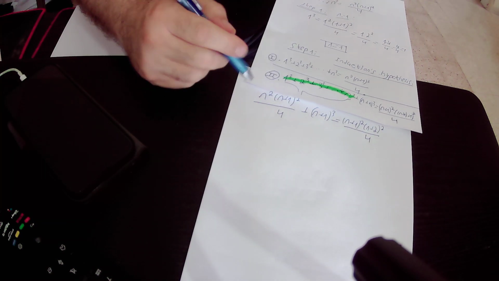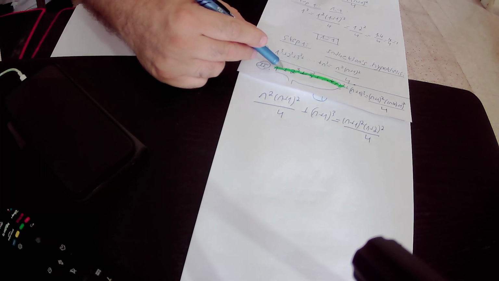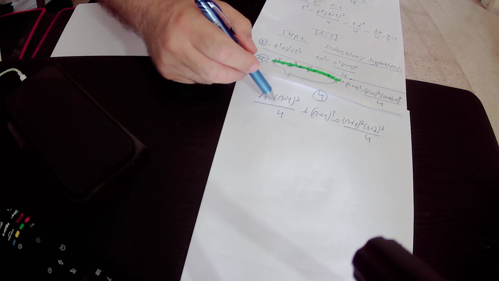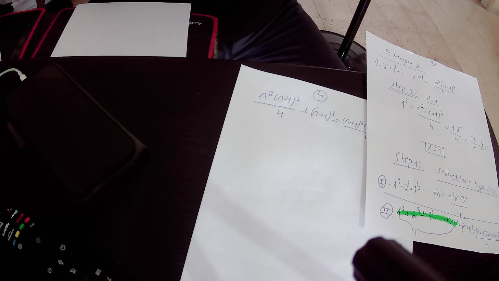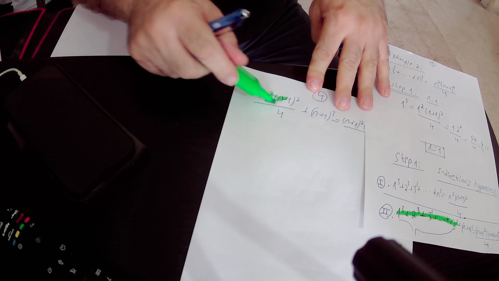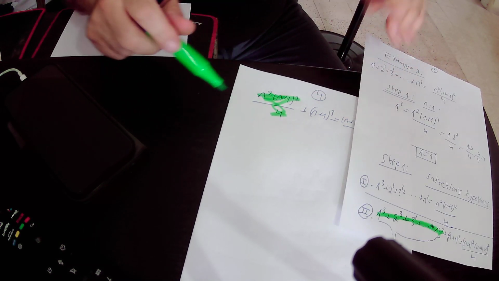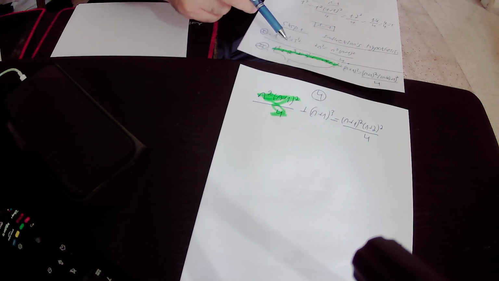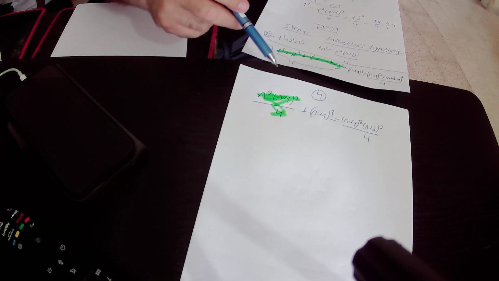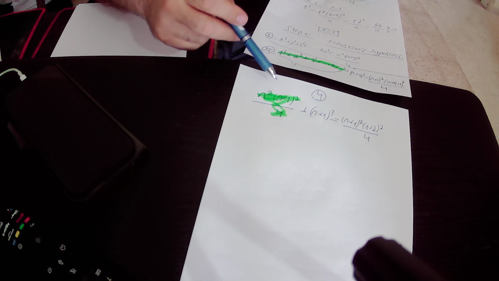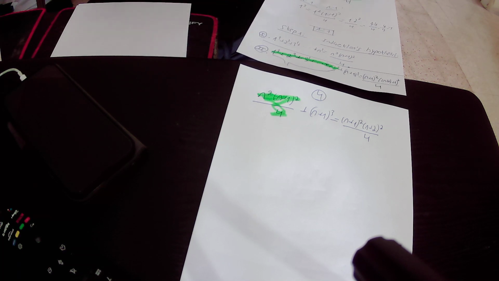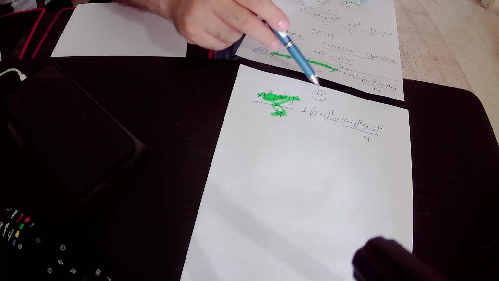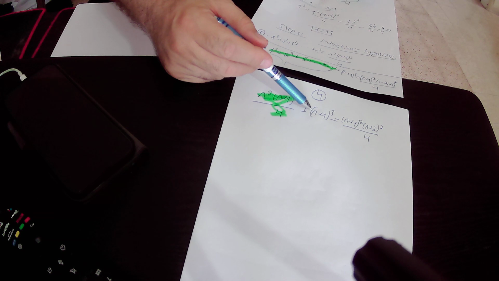So here we substituted this expression by this expression because according to our assumption they are equal to each other. That is the induction hypothesis. And then here is written n plus 1 to the power of 3, so we left it as it is.